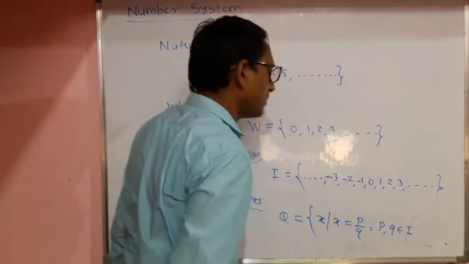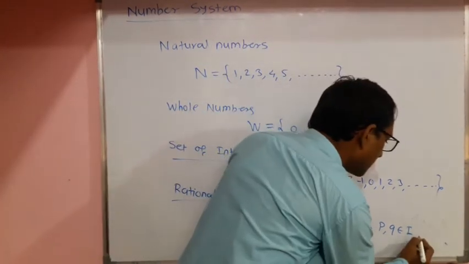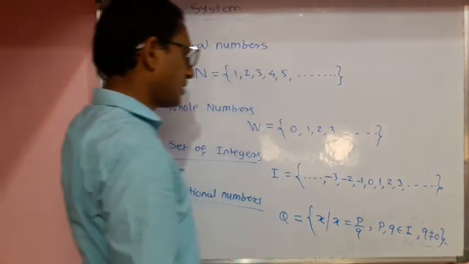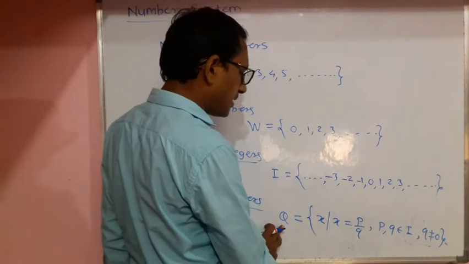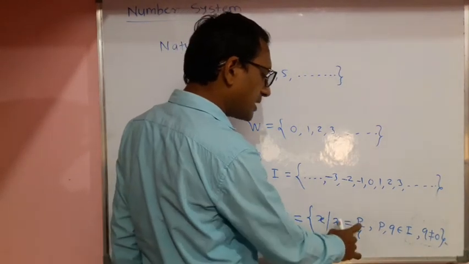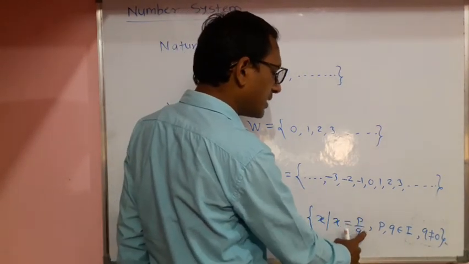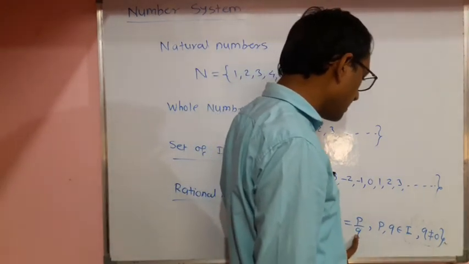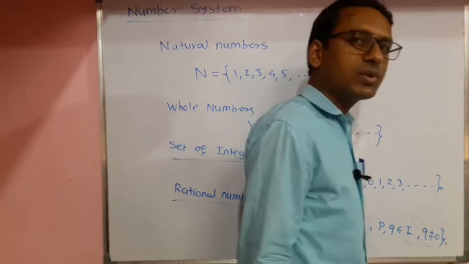But one important thing is that q is not equal to 0. Set of rational numbers means all the elements which can be written as one integer divided by another integer, but your condition is that the integer q is not equal to 0.